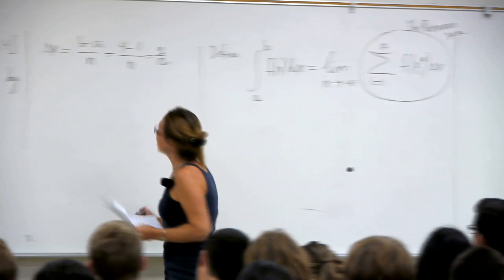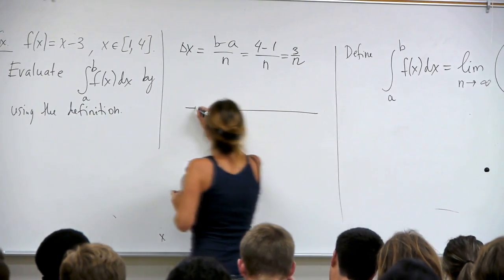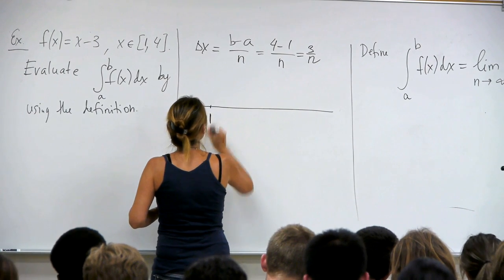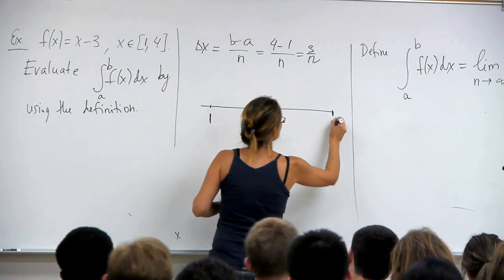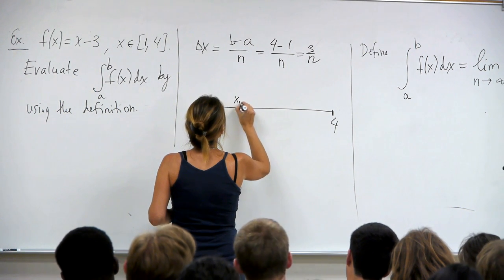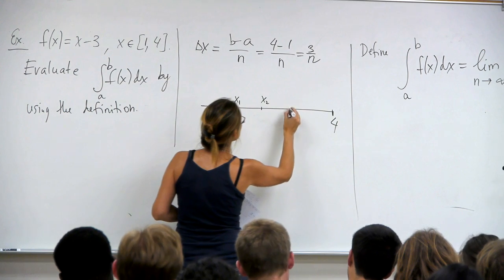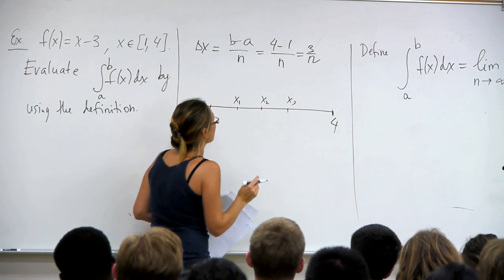Okay. Now we have to create a partition. So a is 1, b is 4. What is x1? So I'm going to have x1, x2, x3, and so on.